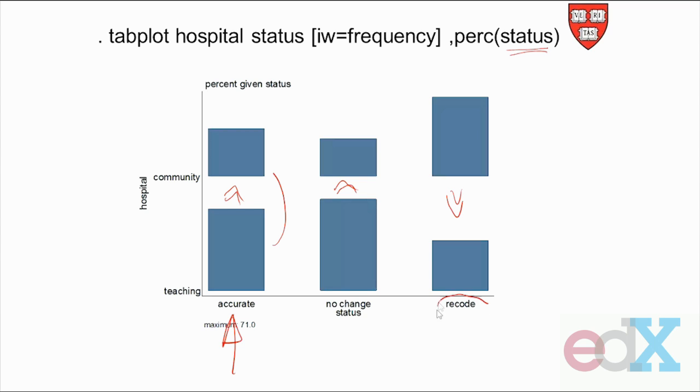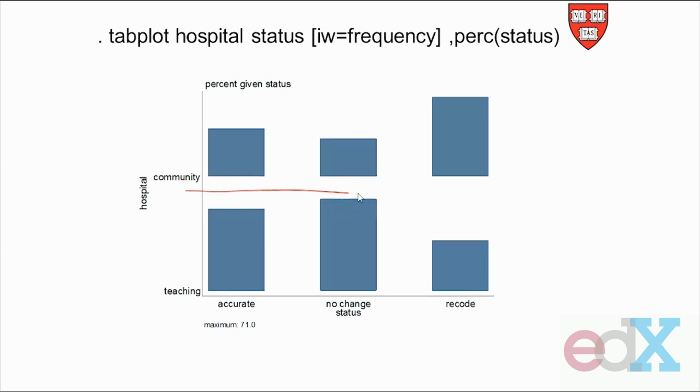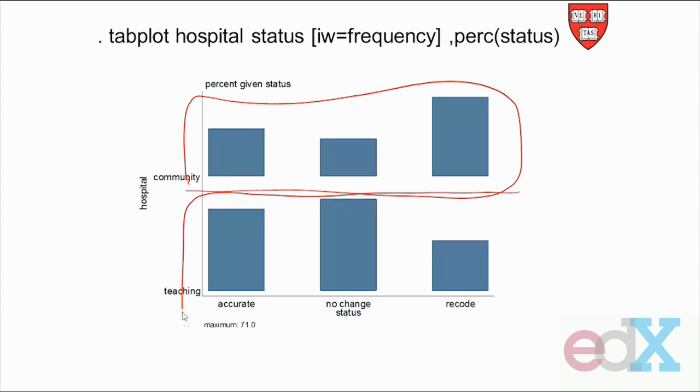So with the recoding, we're getting a different pattern than the no change status and the accuracy status. So it doesn't look like this for the community hospitals is parallel to this. In fact, let me remove that. So is this set of 3 bars giving you the same picture as these 3 bars? And the answer is no. Look at this one. This is the biggest. The biggest component is there.